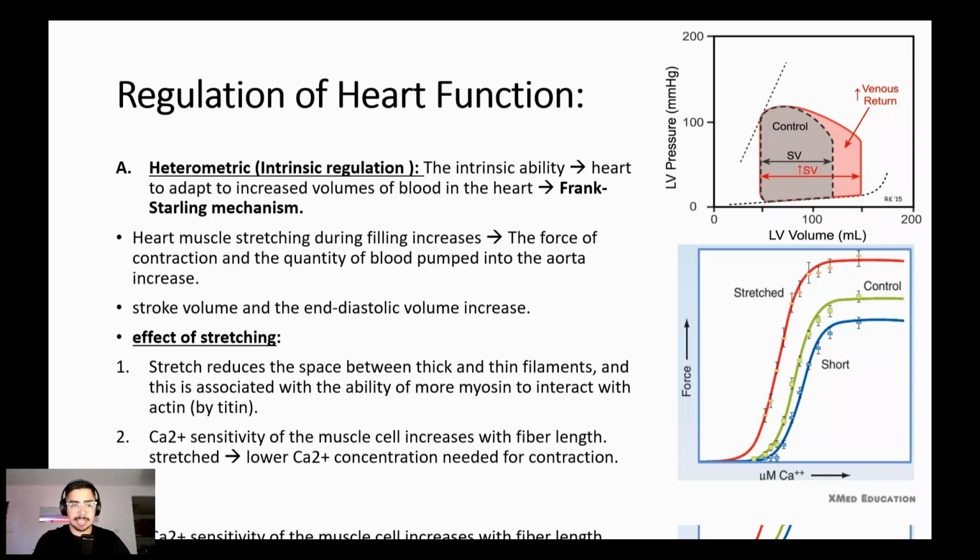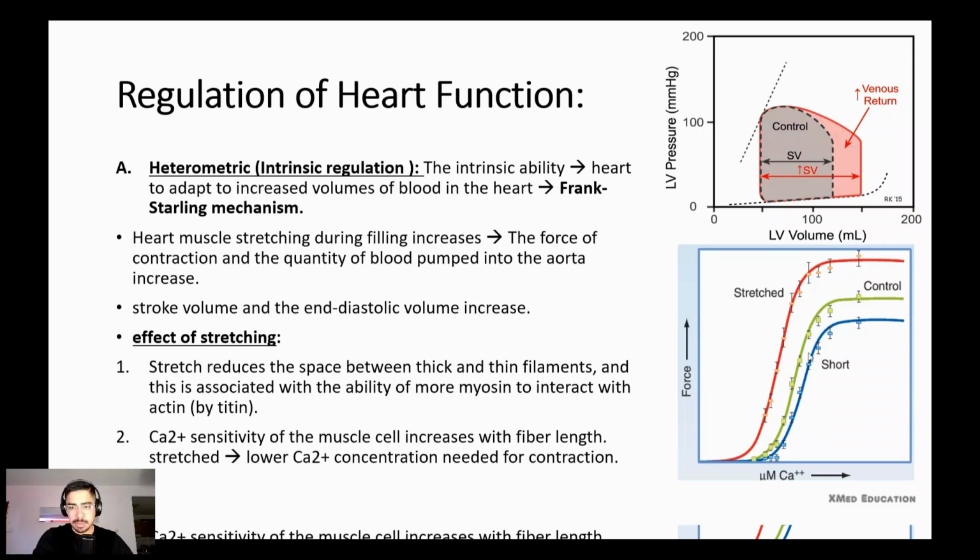So the first thing that stretching does is reduce the space between the thin and thick filaments. The second way is that the calcium sensitivity of the muscle cell is increased. What does it mean? It means that they can work with less calcium.